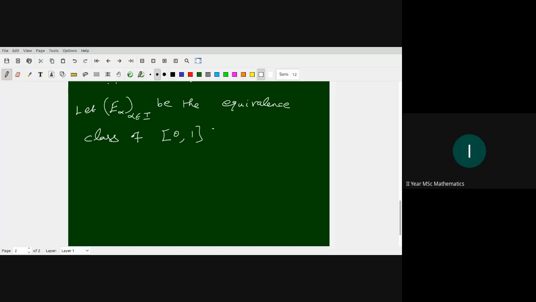If I take any two elements x and y in E alpha, then x is related to y, that is, by the definition, x minus y is rational. If two elements are related by the relation, then we put them in one class. So we classify [0, 1] into equivalence classes.